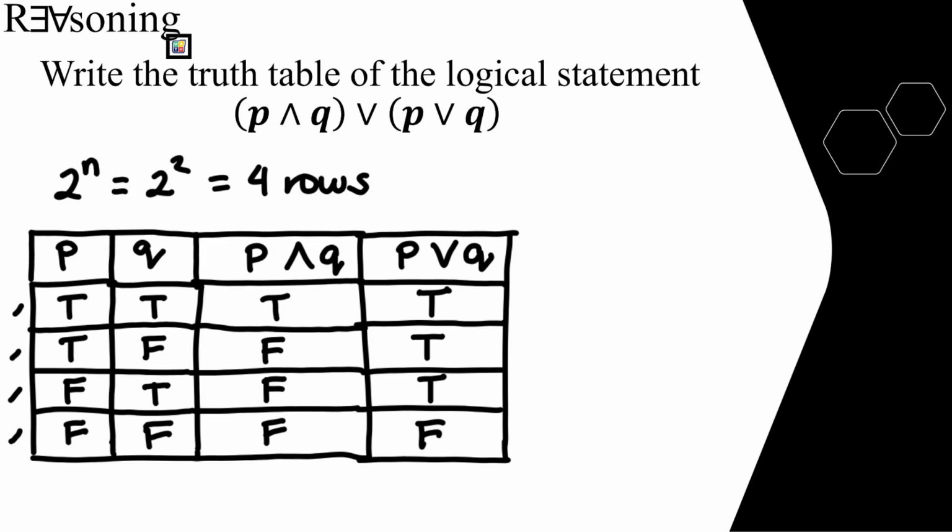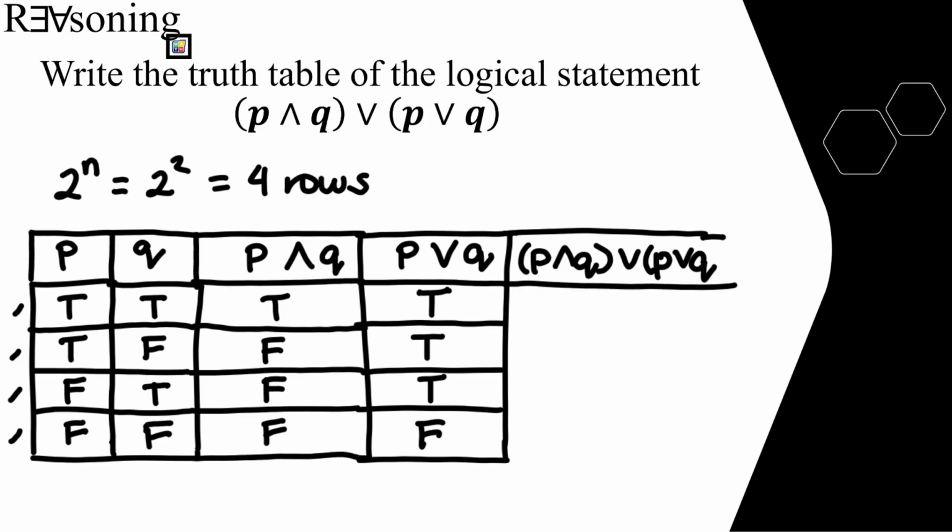Now, let's have the final column, as this would target the logical statement assigned. We have here the disjunction of P and Q, or P or Q. That is the original logical statement assigned.